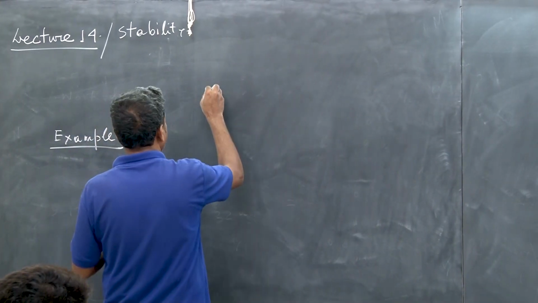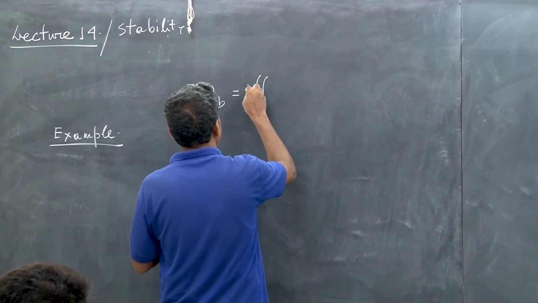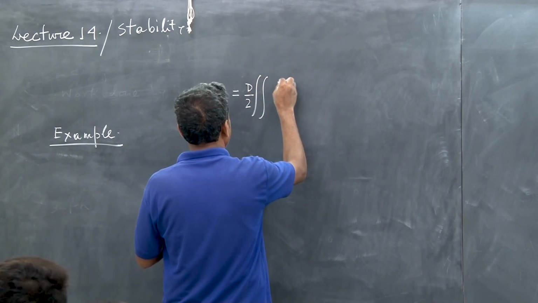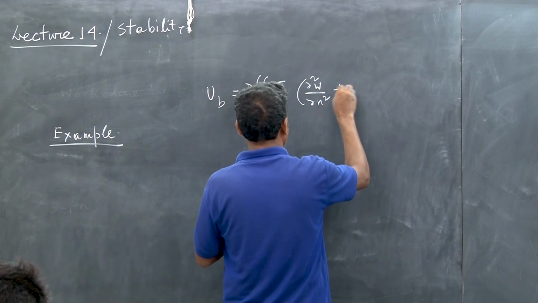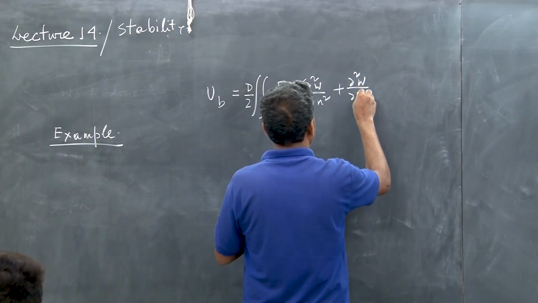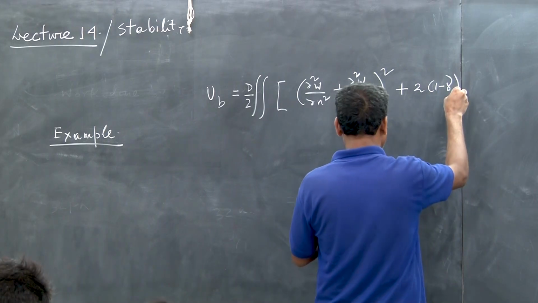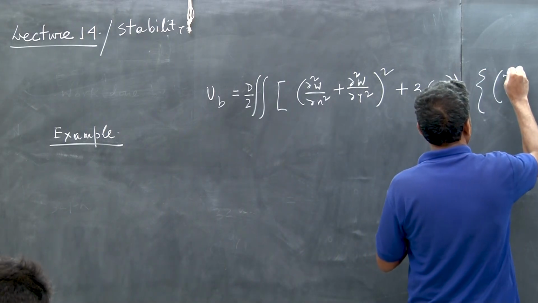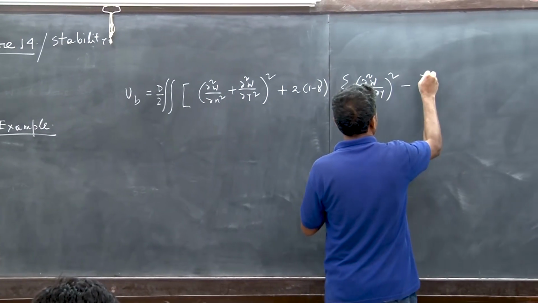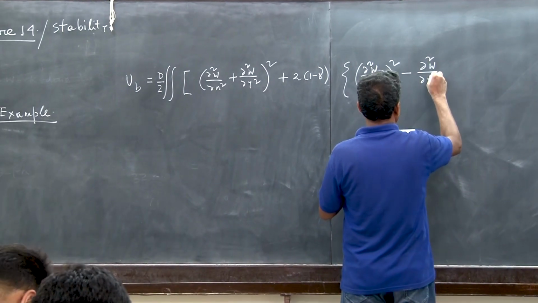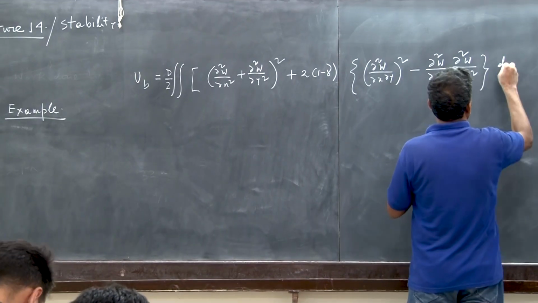The strain energy in bending, the expression we have already derived, is D by 2 times the integral of (d2w/dx2 plus d2w/dy2) squared plus 2(1 minus nu) times [(d2w/dx dy) squared minus (d2w/dx2)(d2w/dy2)] dx dy.